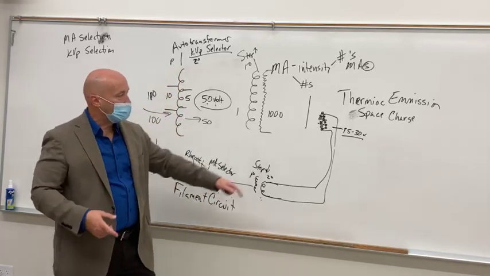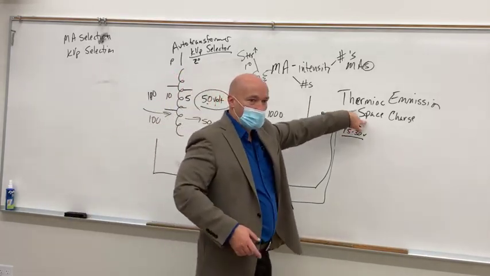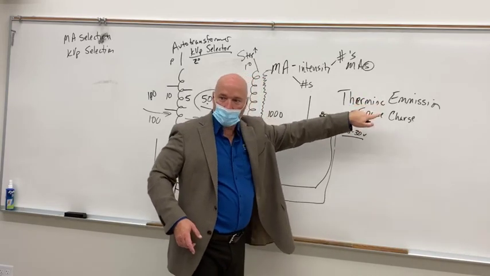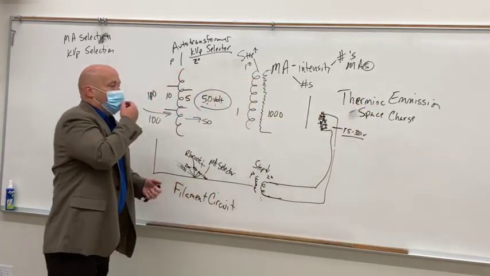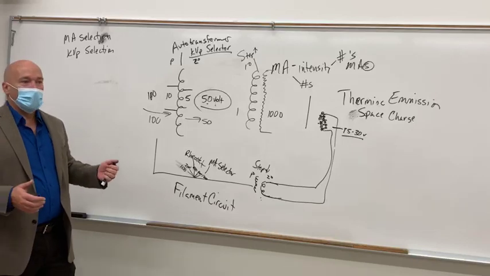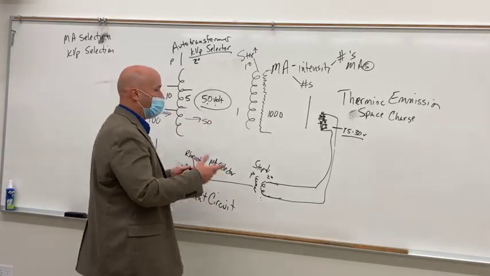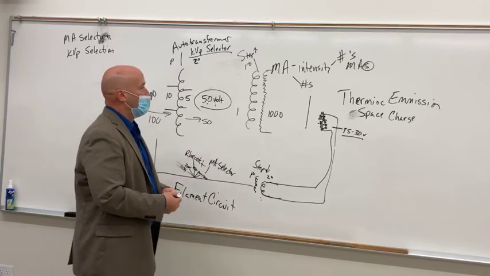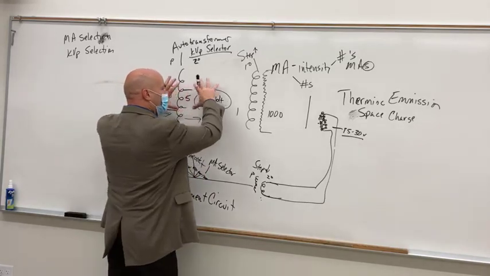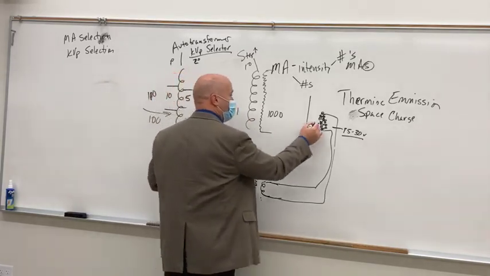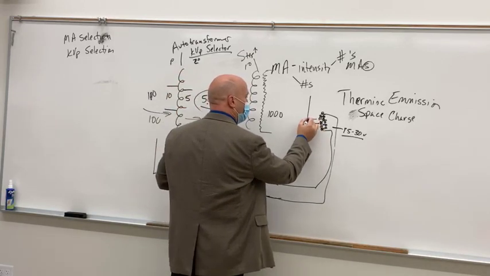So you rotate the anode, you create the space charge, which is thermionic emission, right? But you don't have tube current until you press the second portion of that button, or push the second button. That's when you energize this entire upper portion so the electrons travel across the tube.